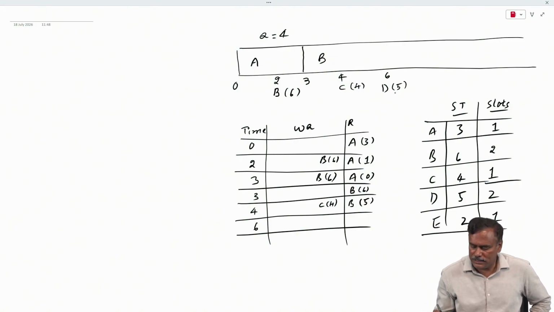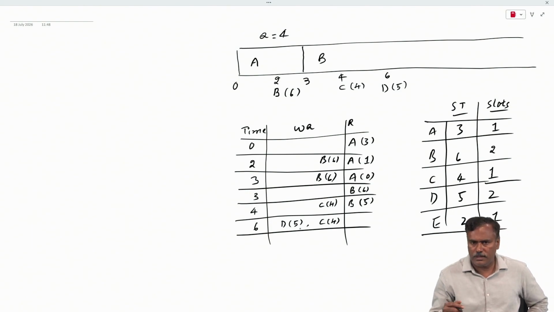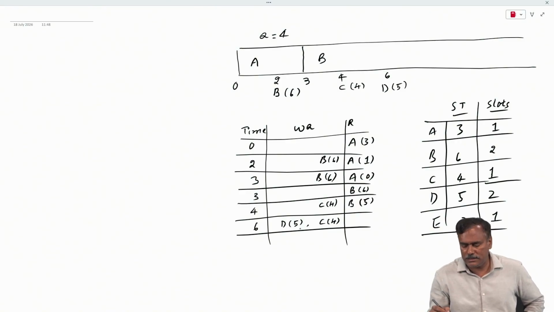Already in the queue there was process C, and at the 6th interval, D has entered the queue, needing a service time of 5 units. You are adding these new processes at the back of the queue.